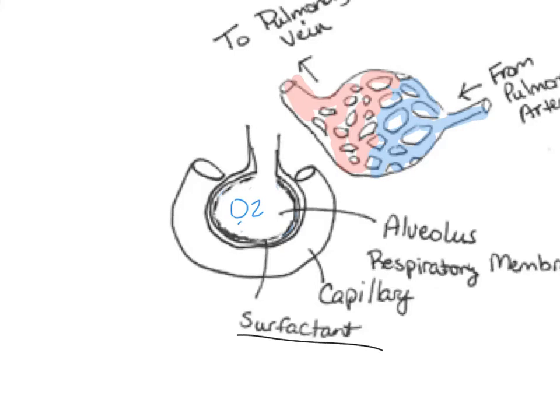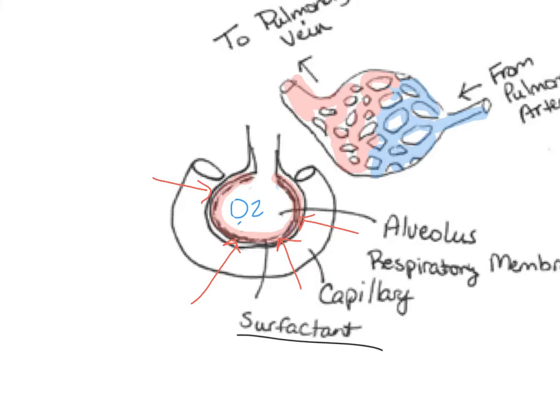Surfactant is an oily substance, and it lines the inside of the alveolus. It helps to reduce surface tension, because there's a lot of tension against the side of that alveolus. So it's basically helping to keep that alveolus from collapsing.